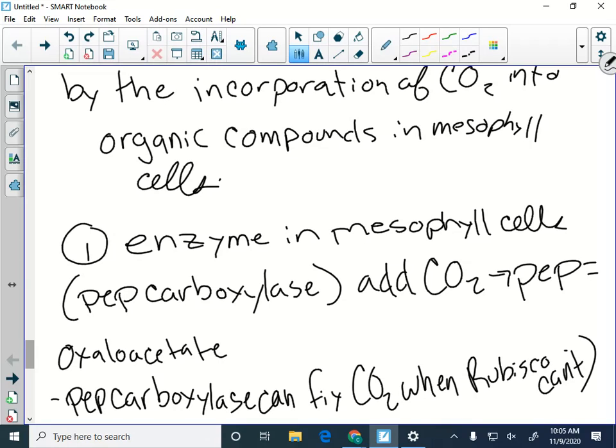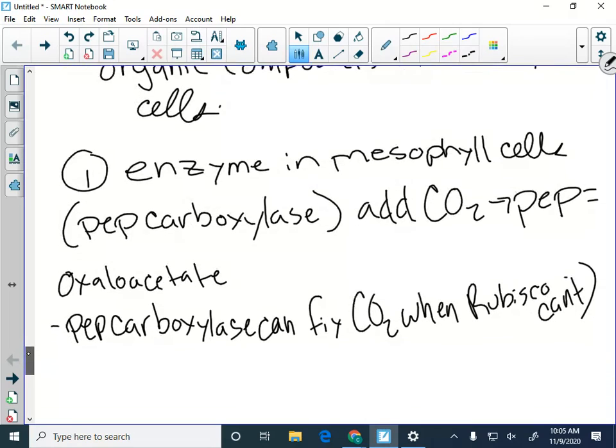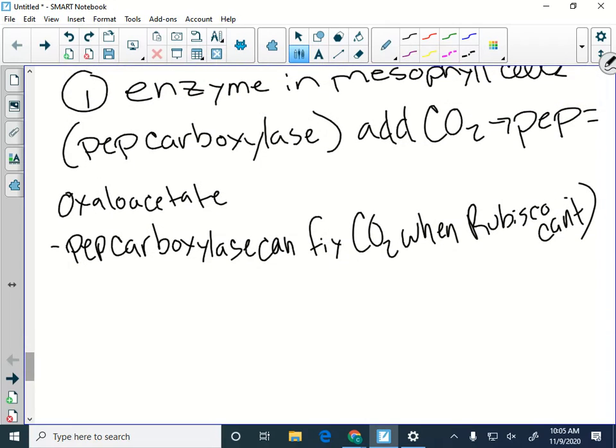But it's not perfect. So whenever our CO2 levels are too low, or if the situation is just not right, instead of Rubisco fixing carbon dioxide, PEP carboxylase will do it. This will give us our 4-carbon product, which is that oxaloacetate.